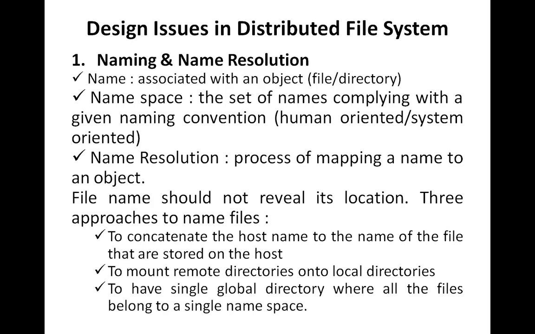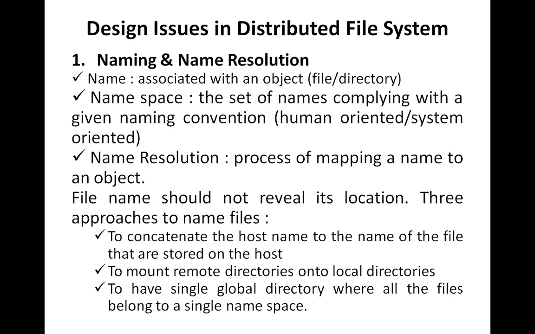So traditionally, we have three different approaches to name files in the distributed system. The simplest scheme is to concatenate the name of the host to the name of the file that is stored on the host.